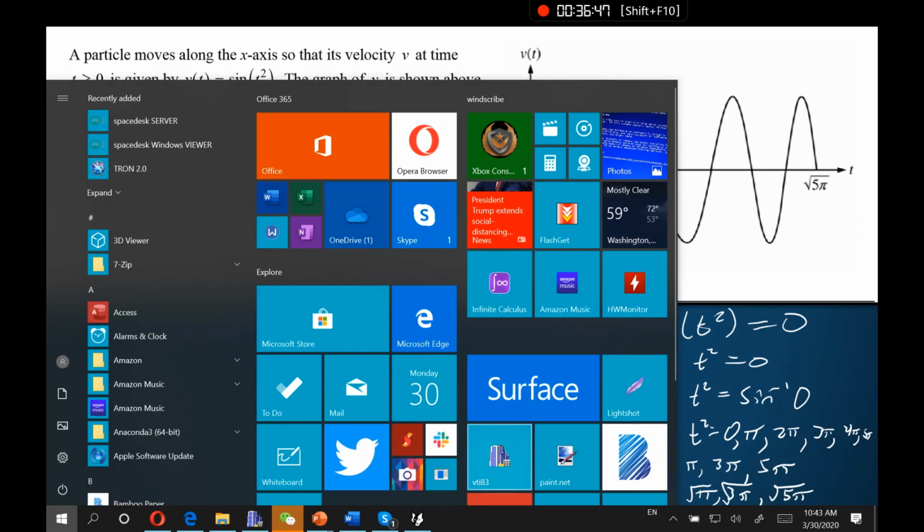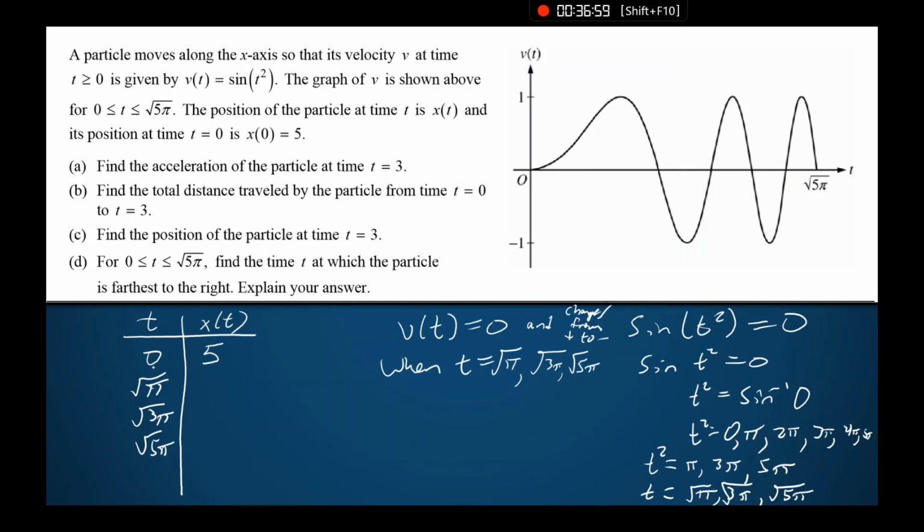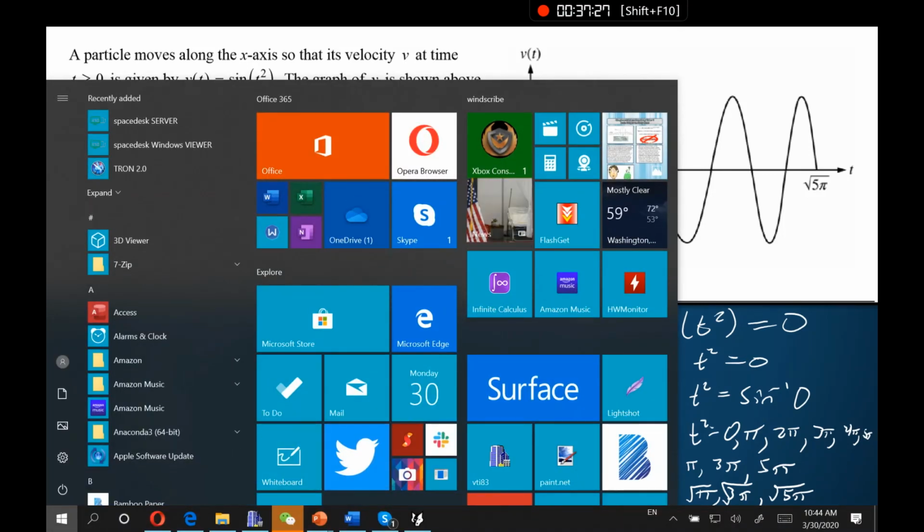For the first one, we were given the position, so we don't need to plug anything in: at 0, our position was 5. For all of these other ones, our position at any time will be equal to 5 plus the integral from 0 to t of the sine of t squared dt. So that's 5 plus our change in position, just like we did for Junho's question on part C.